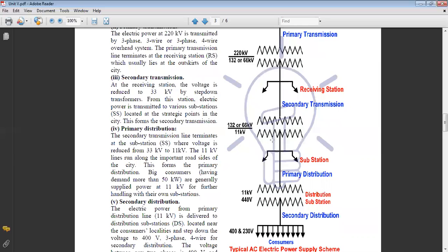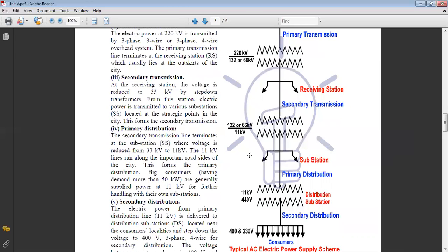Now here it will start the distribution part. Okay, first is the primary distribution. After the secondary transmission line terminates at the substation, the voltage is reduced from 33 kV to 11 kV, and the 11 kV lines run along the important roadsides of the city.